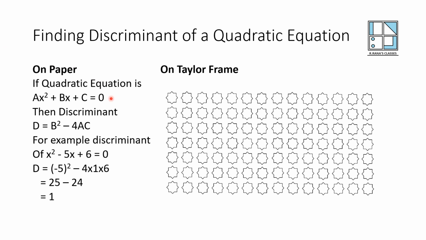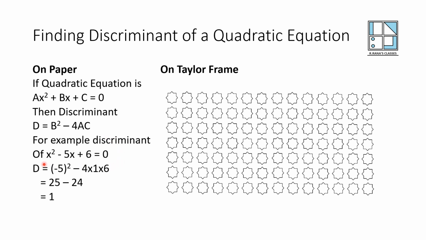If the quadratic equation is ax squared plus bx plus c is equal to 0, then its discriminant is defined as D is equal to b square minus 4ac. This is also the formula to use for the discriminant.